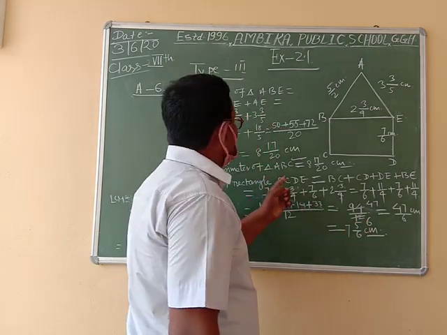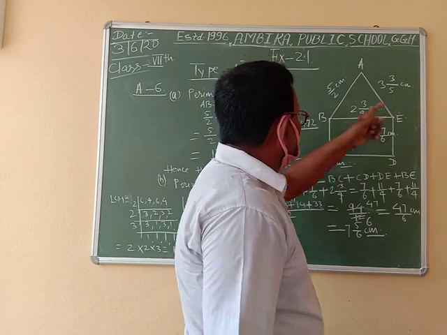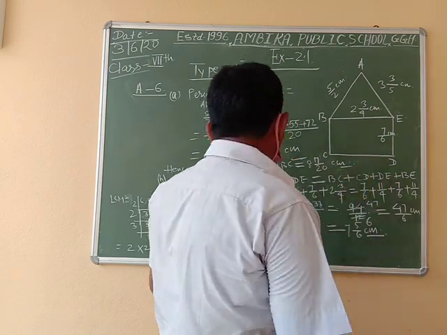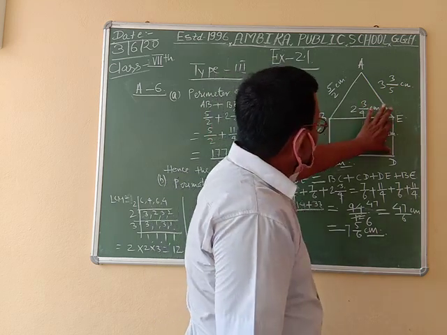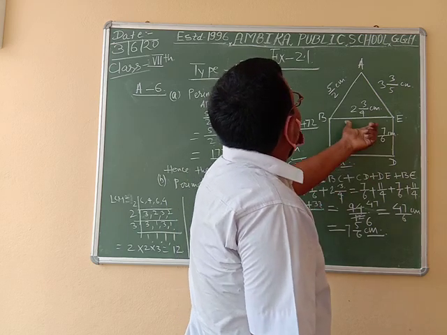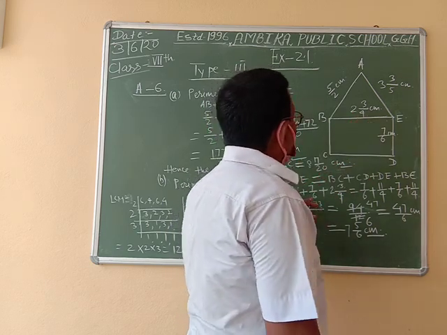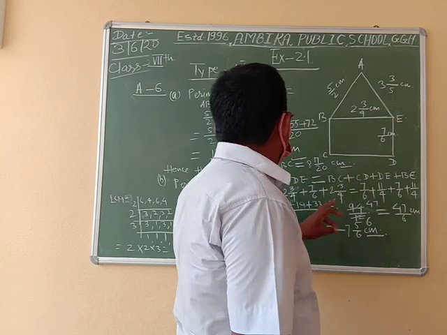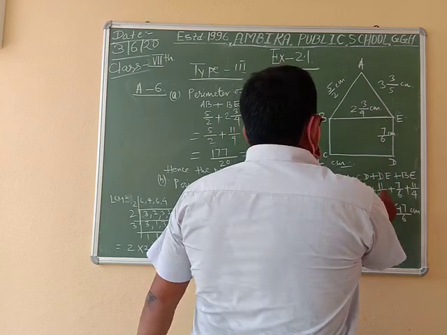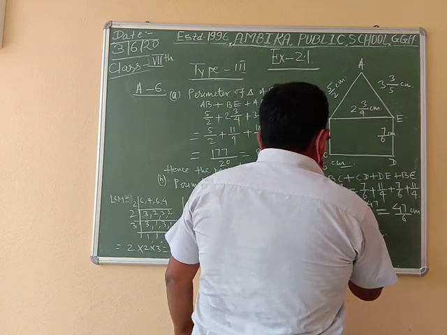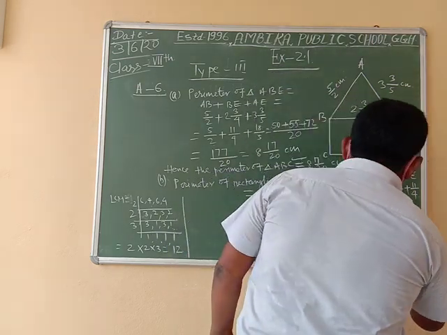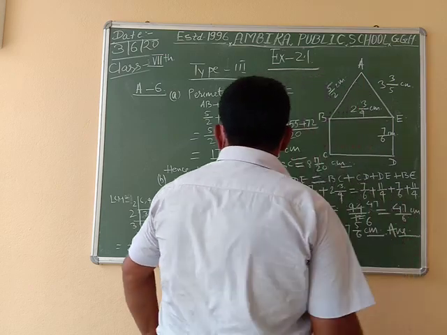To find the perimeter of rectangle BCDE, we add all sides of the rectangle. BC equals DE equals 7 by 6, CD equals BE equals 2 whole 3 by 4. Adding all these, we get the perimeter of rectangle BCDE is equal to 7 whole 5 by 6 centimeter.